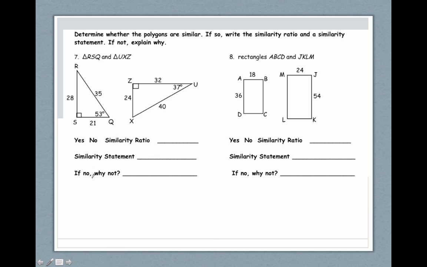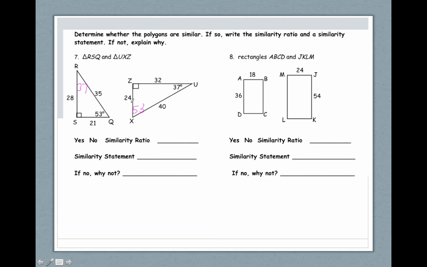Okay, so we want to decide if these two things are similar. This is 90, that's 90. This is 53. These two have to add up to 90. So this one has to be 37. That's 37. This is 53 for the same reason.